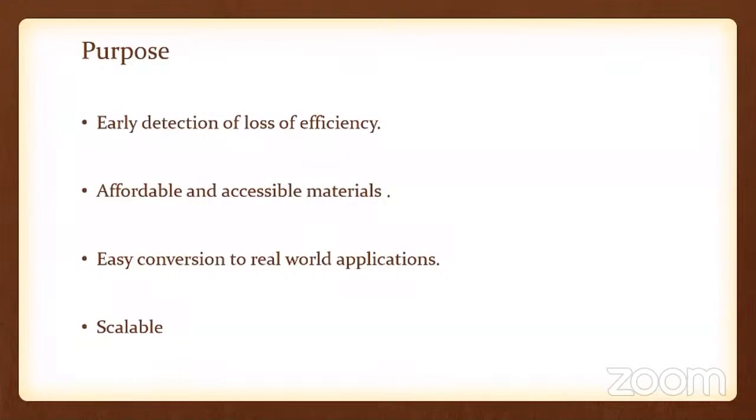Another goal was to design the system in such a manner that it will be easily adaptable to real-world applications for commercial and industrial uses, in either home installations or large-scale solar farms. And lastly, the device needed to be scalable, so that the same device could be used in commercial applications as well as industrial applications.